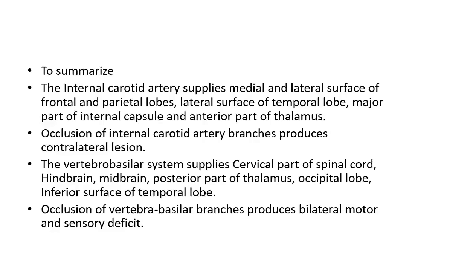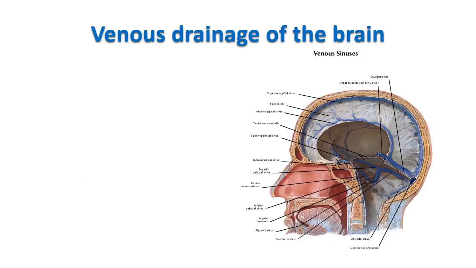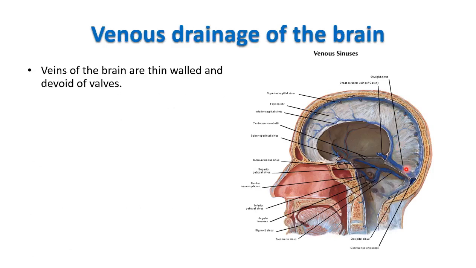So we'll have a very quick look at the veins draining the brain, the venous drainage of the cerebrum. The veins of the brain mainly drain into the dural venous sinuses. They are thin walled and devoid of valves.